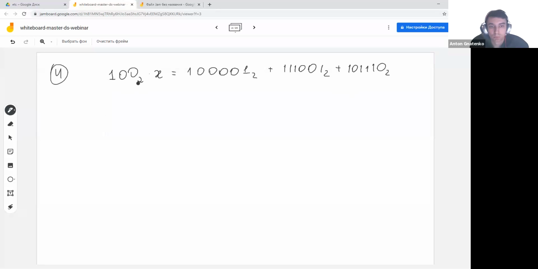The question is to find the value of x in binary. If I were you, I would just compute everything I see here. So let us compute the sum of these 3 numbers. I will do it simultaneously for all 3, but you can do that one by one.